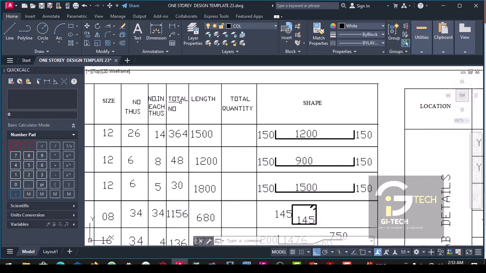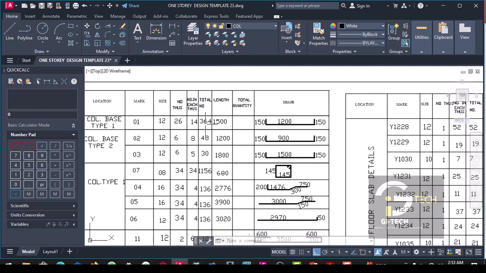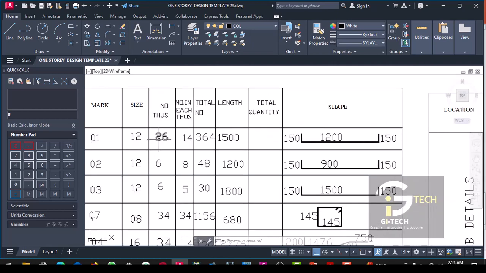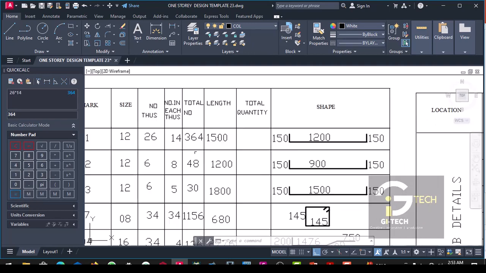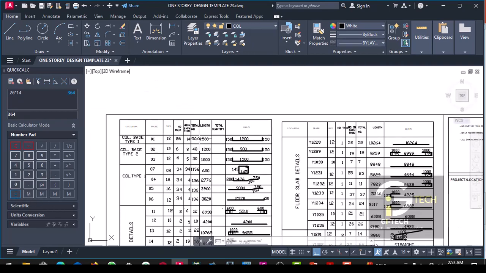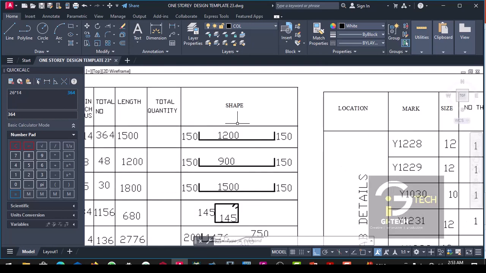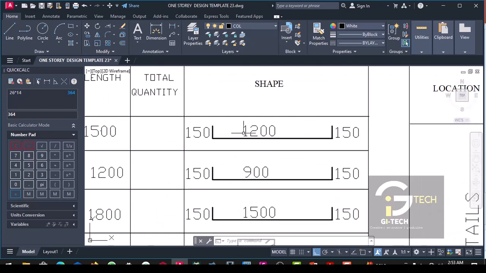Then total length, we have total length by multiplying 26 by 14. So when you multiply 26 by 14, you have 364. So the next one is for us to calculate the shape.